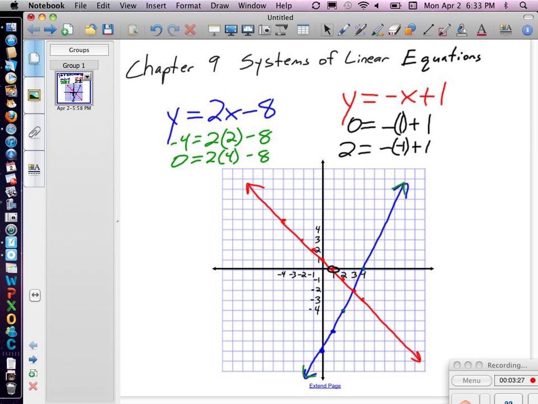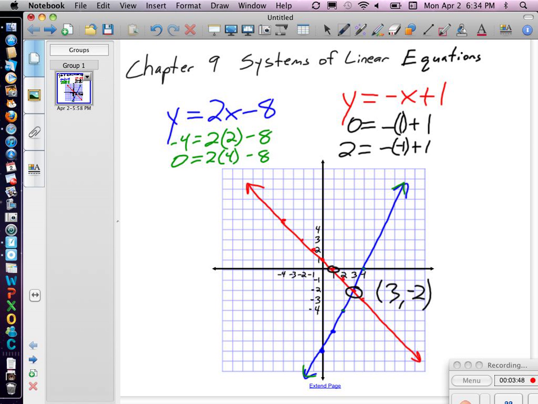But notice what happens at this point of intersection right here, which would be at 3 comma negative 2. That point and that point only works for both equations. Okay, so let's plug it into the blue equation.